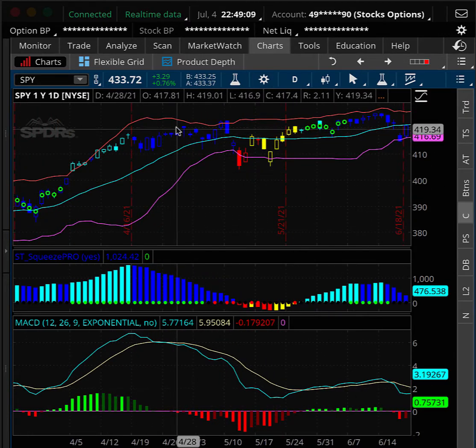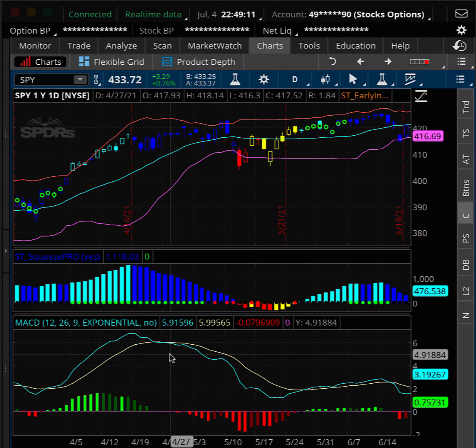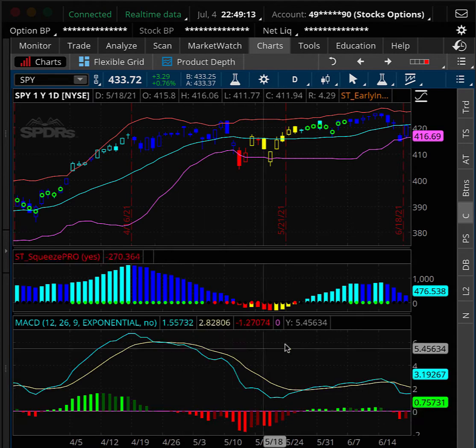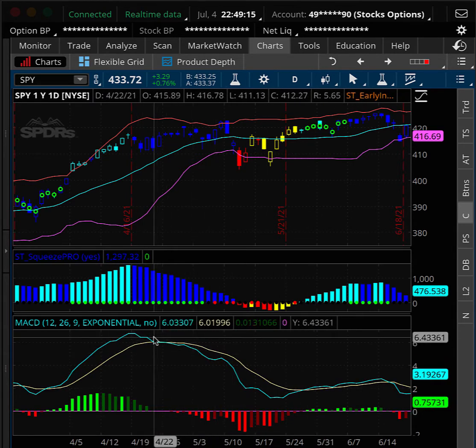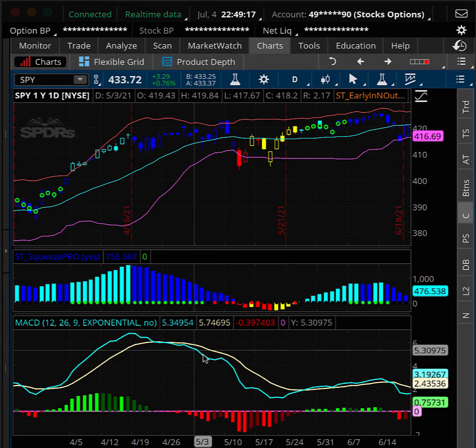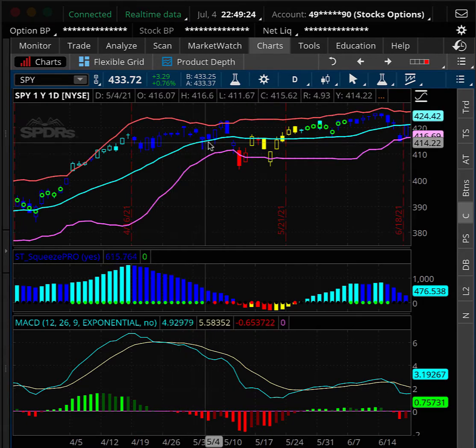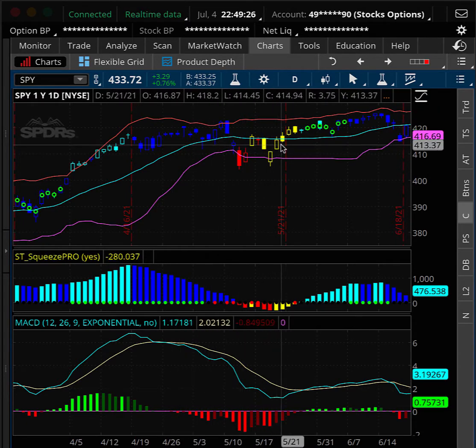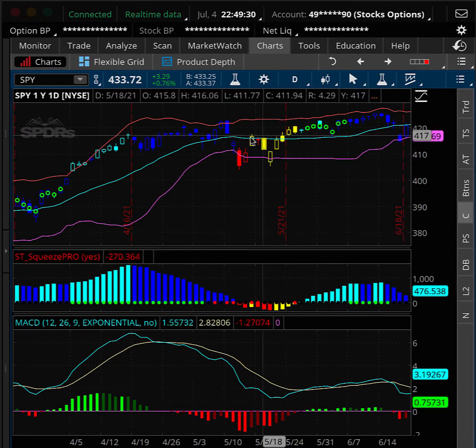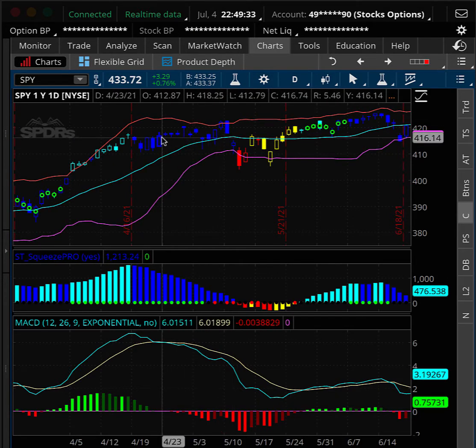So here is a really good example of that. If you look at the MACD in this section from here to here, the MACD is going down. But if you look at what the price action is doing from that instance, it's actually trading sideways. It does go down a little bit there, but it actually ends up about the same price of where that was.